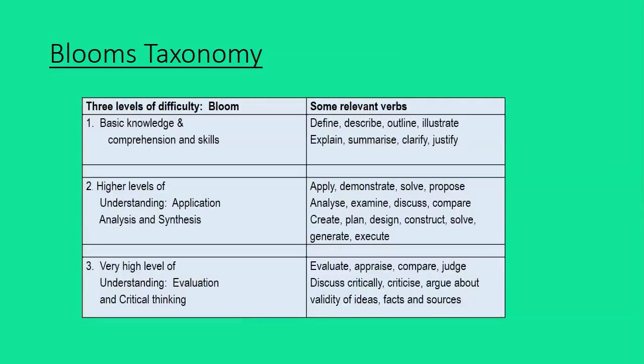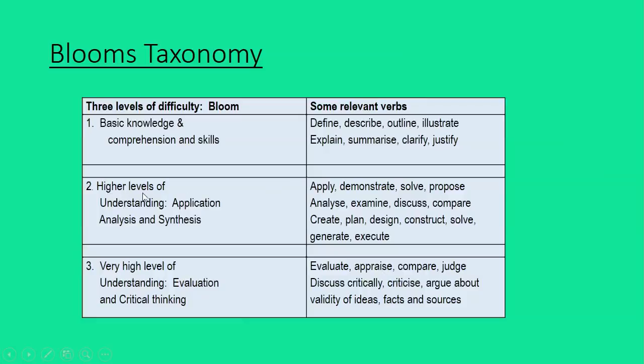When it comes to Bloom's taxonomy, it is simply the levels of difficulty. The level of difficulty has to do with the verb that I use when I ask a specific question. For basic knowledge, these are the words: define, describe, outline.